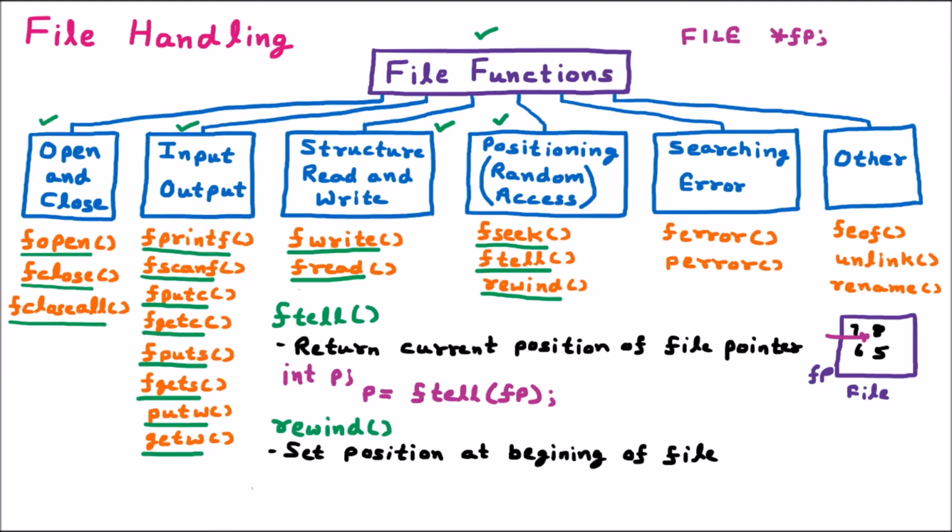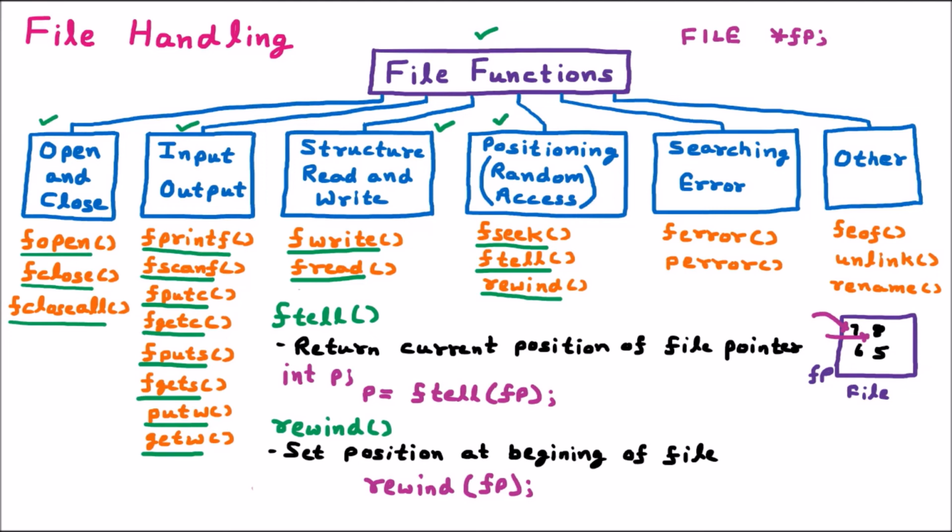Let us suppose that I am opening the file and the file pointer is somewhere. If I want the file pointer to be at the beginning, we use the function rewind. So we simply write rewind, meaning going to the beginning of the file, and in the brackets we pass the file pointer which is fp. So it will go to the beginning of the file.